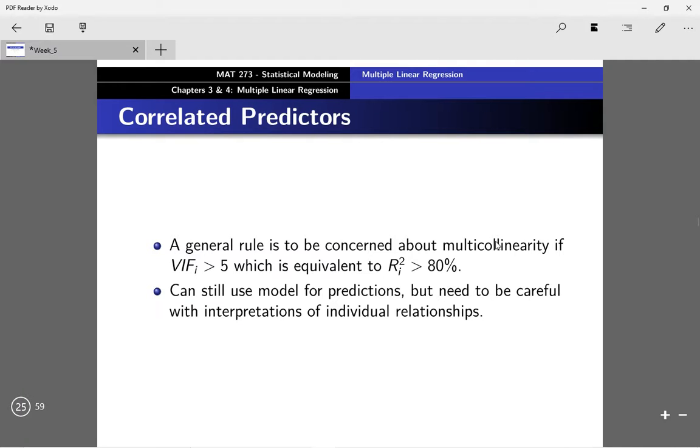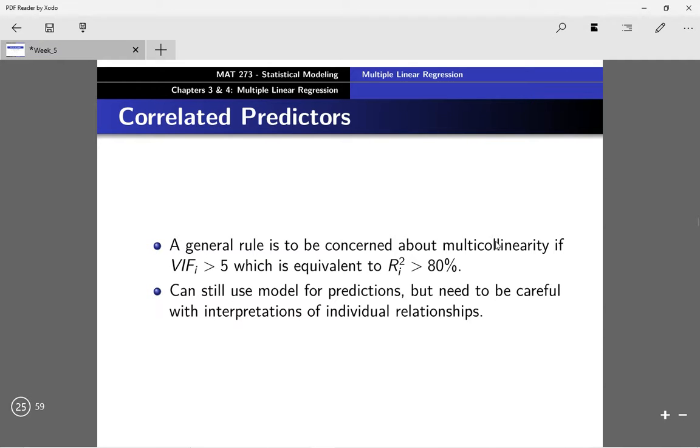We can no longer do hypothesis tests, interpret p-values, or coefficient estimates. What can we still do though? We can still fit our model and obtain predictions. So if your only goal is to get new, better predictions for the future, then multicollinearity is not as much of a problem.